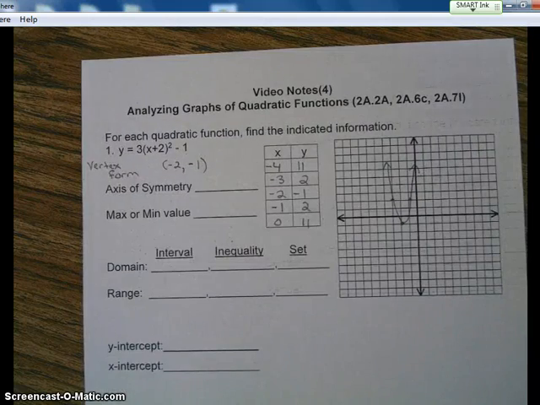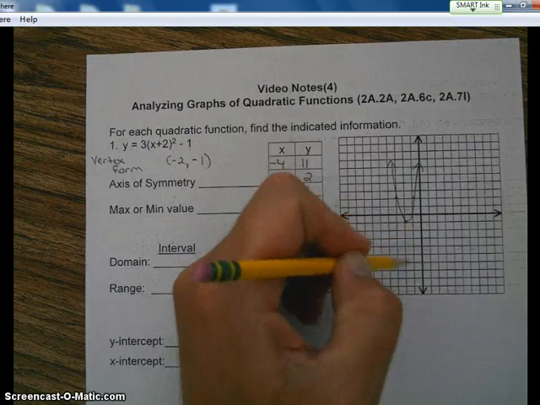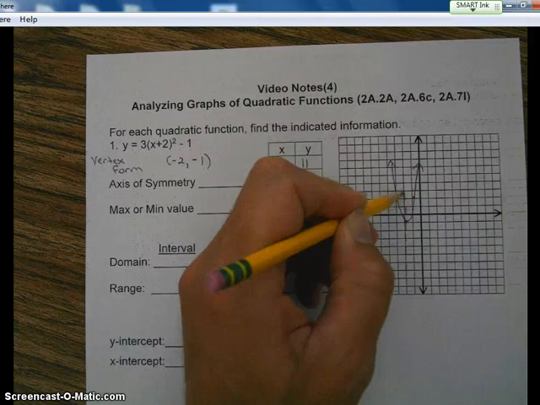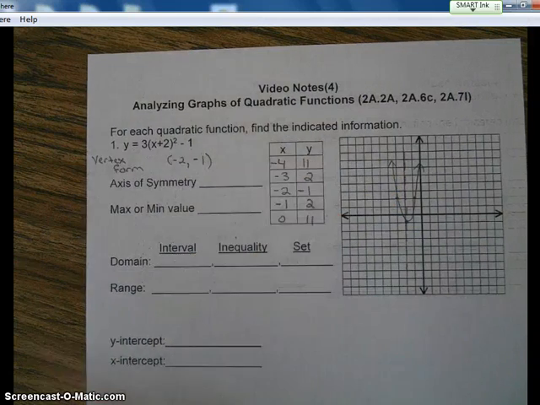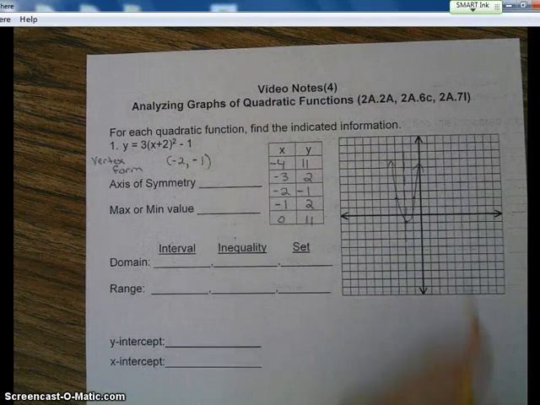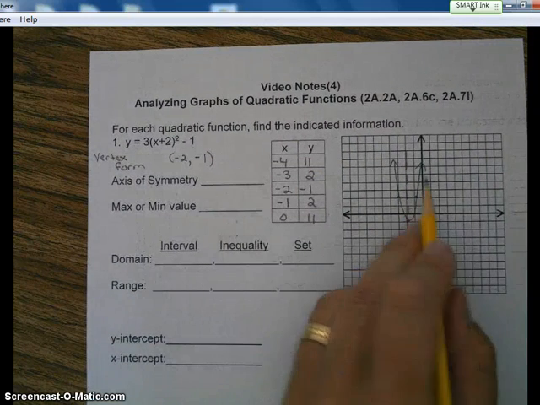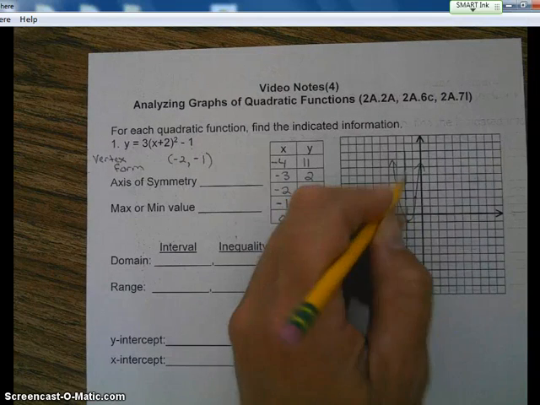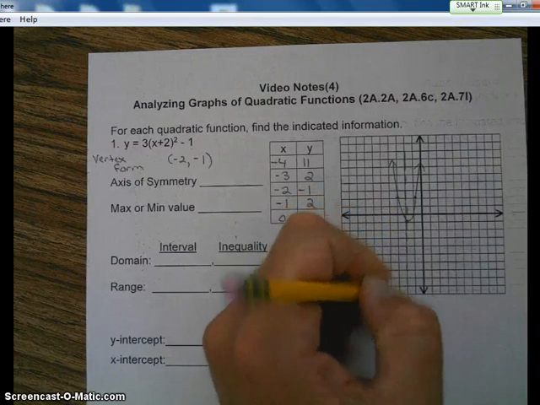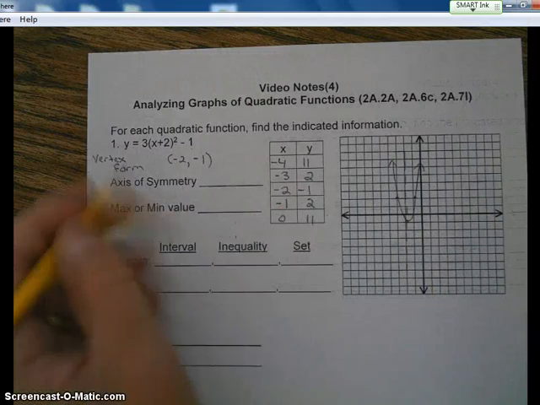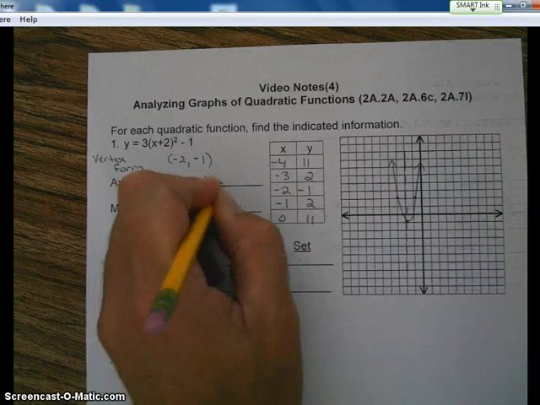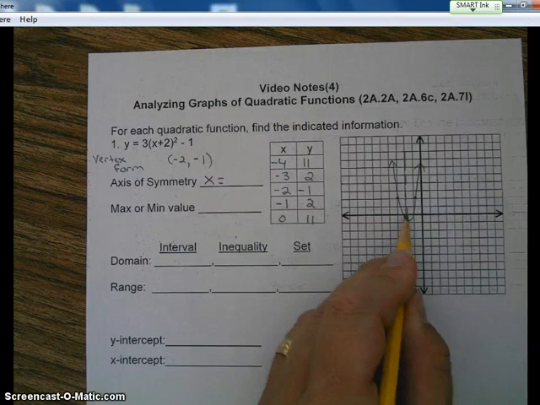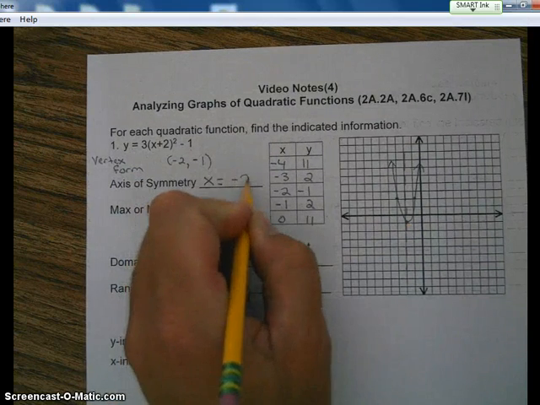Your axis of symmetry is going to be the line that cuts the parabola in half. My parabola is not very good, but it cuts it in half. And remember, vertical lines always start with x equals, and it's going through -2 on the x-axis.